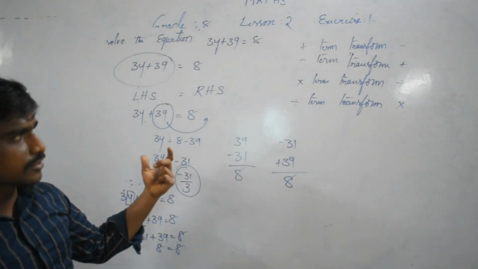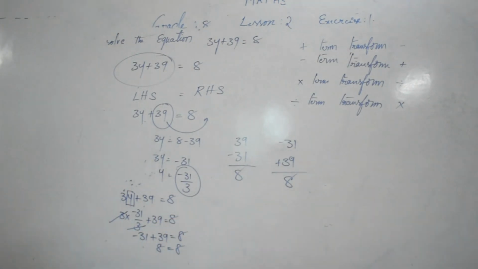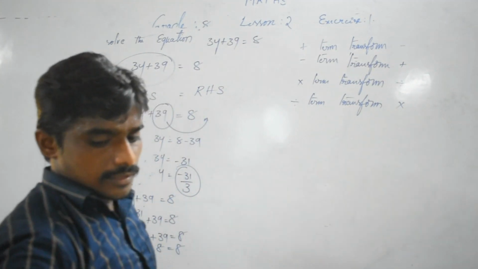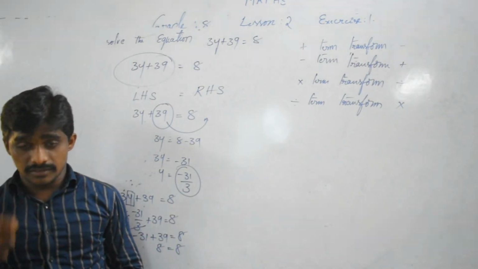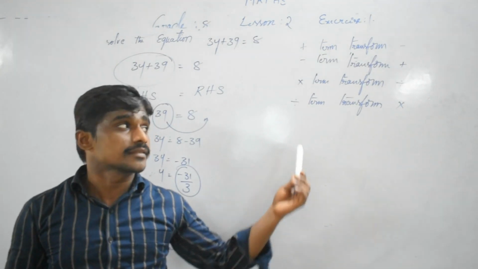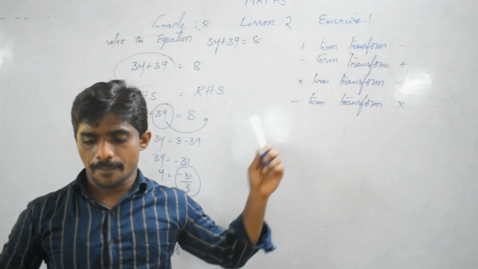So the y value is minus 31 by 3. Next. These are very important in 7th class, in the simple equation lesson. I repeated these terms once again, so everyone keep them in your mind.